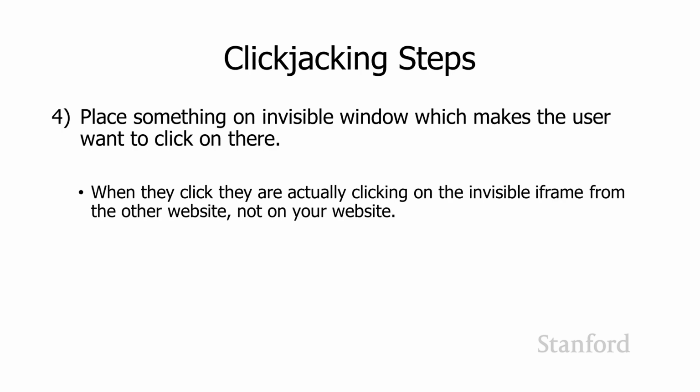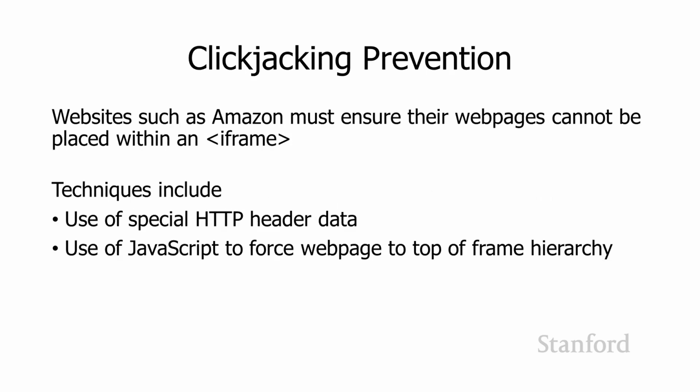Okay, so how do we prevent a clickjacking attack? This is really up to the websites who don't want this sort of attack to happen to them or their customers. What you can do if you're Amazon is make sure that your web page will not be displayed within an iframe.